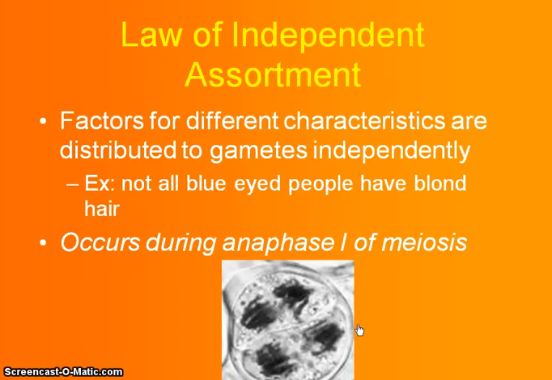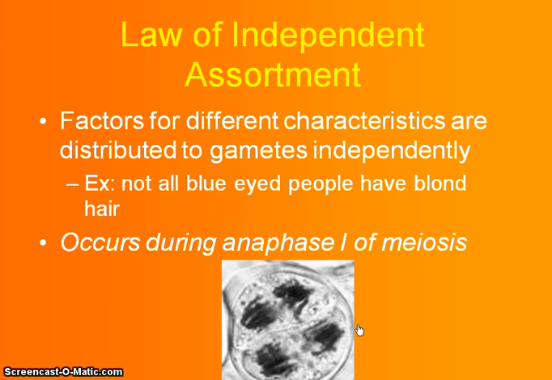And then his second law was the law of independent assortment. And we've also mentioned this one before. Independent assortment is a way, along with crossing over, to get genetic variety in offspring. And basically, he said these factors that he was studying, these dominant and recessive factors for different characteristics, are distributed to gametes independently, which basically just means, as the example I put up here says, not all blue-eyed people have blonde hair.